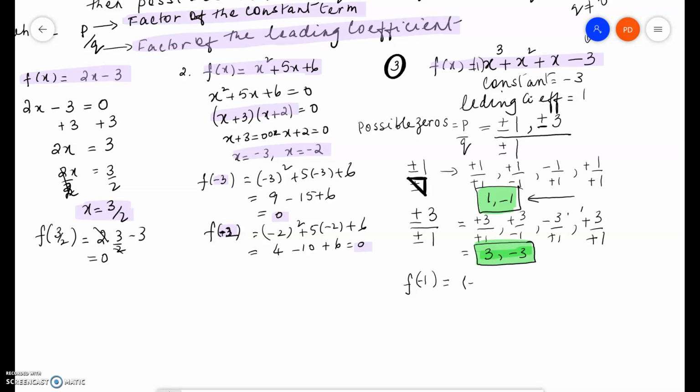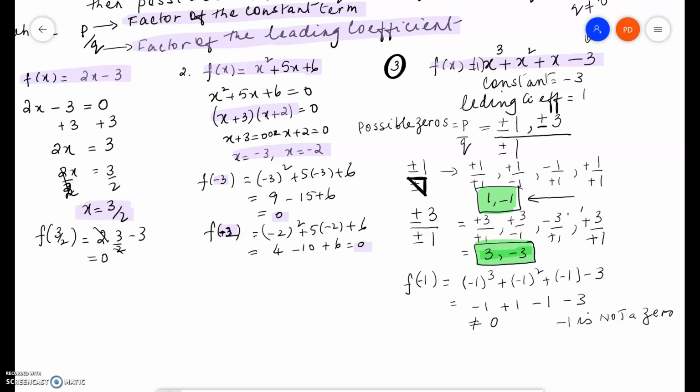So the function is negative 1 whole cubed plus negative 1 squared plus negative 1 minus 3. So we get negative 1 plus 1, negative 1 again, minus 3. So obviously that's not equal to 0. So negative 1 is not a 0.